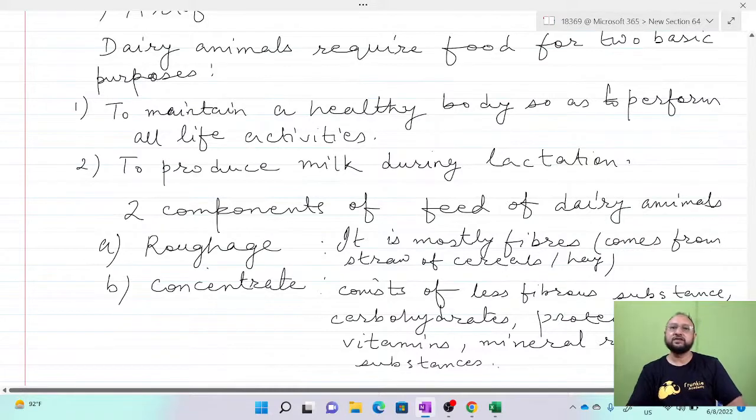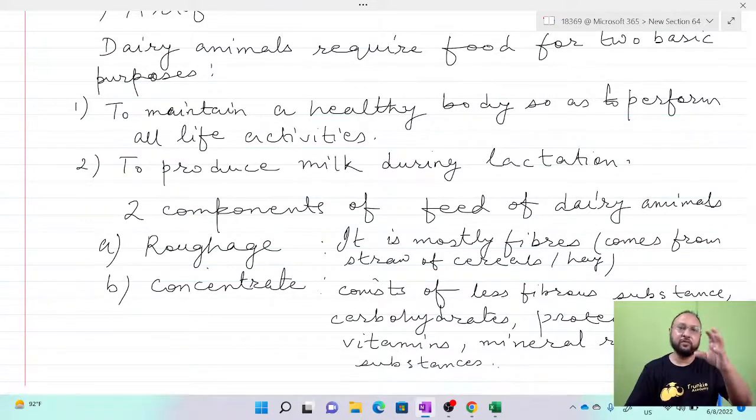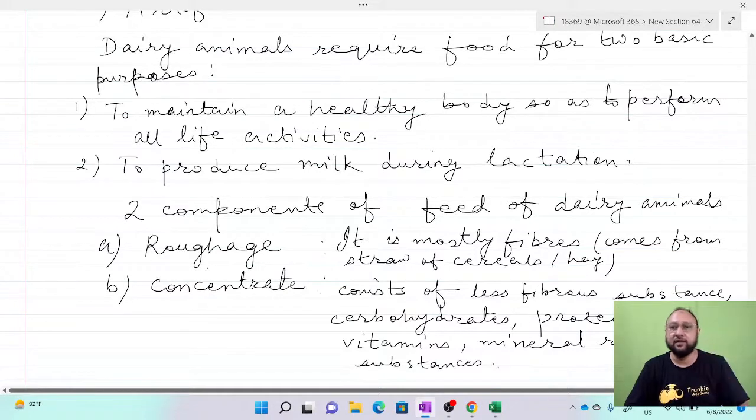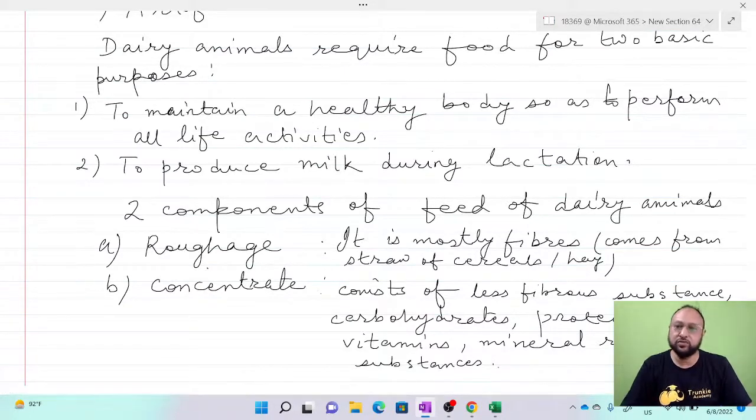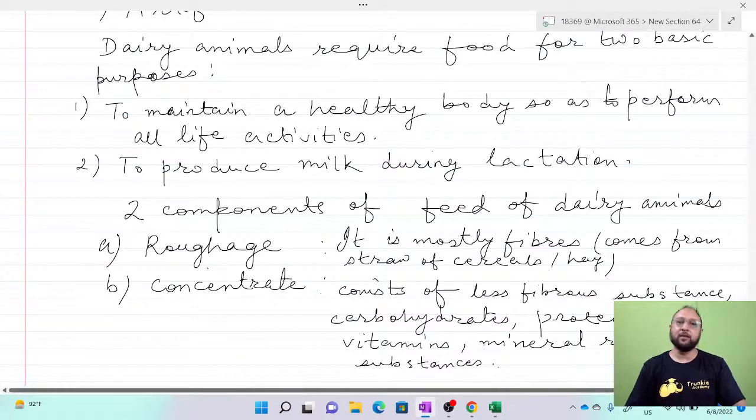That means when we say concentrate, it is feed that has less fiber, but carbohydrate, protein, fat, vitamins, and minerals are there in proper quantity, so that they are able to produce good quality and good quantity of milk. So that was about the feed.